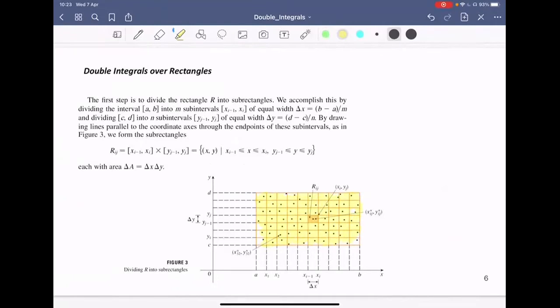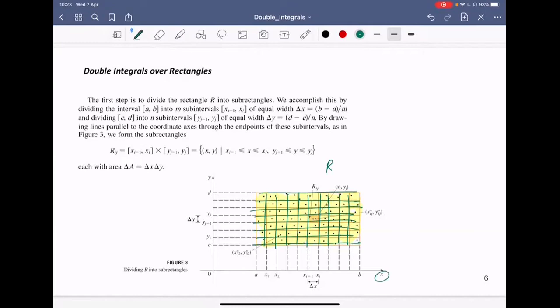So we're going to do the same thing. We're going to chop it into n pieces. However, because this is 2 dimensions, I have the region R, and we're going to chop it on both the x-axis and the y-axis, into small pieces. So you get that.